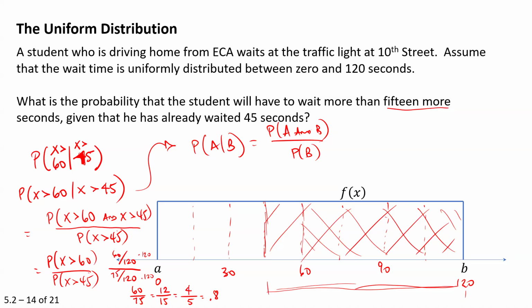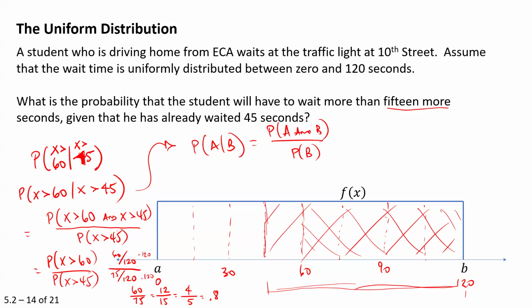Another way of saying it, if you are driving with a friend who notoriously gets upset when he has to wait for longer than a minute for something, and you've already had to wait 45 seconds at this light, what's the probability your friend's going to get upset? 80%. See that? Okay. Kind of brings it to the forefront a little bit there.